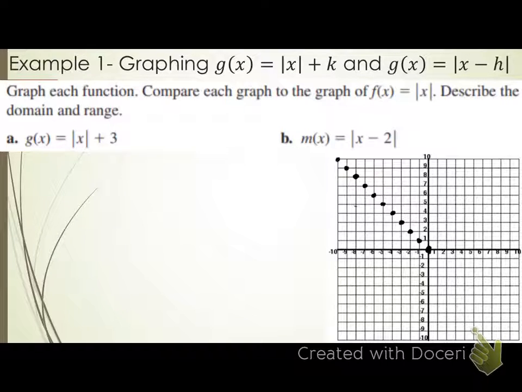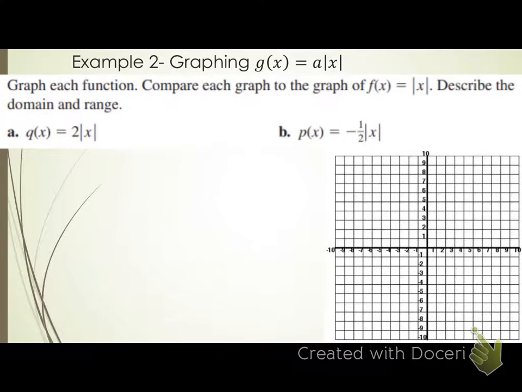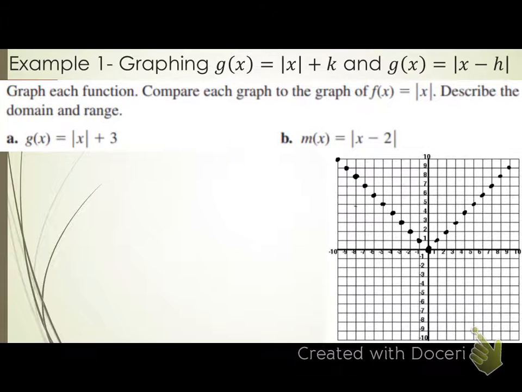What's the slope of the right half? 1. There's my parent absolute value function. Everyone okay with that?